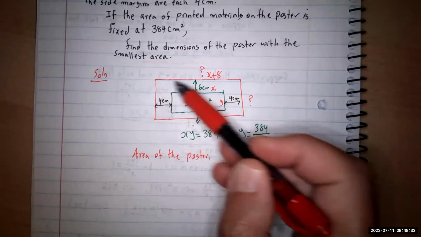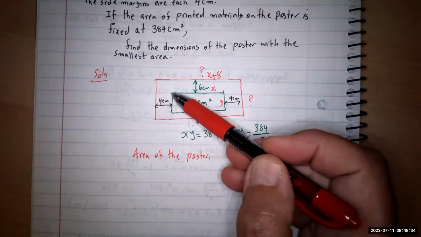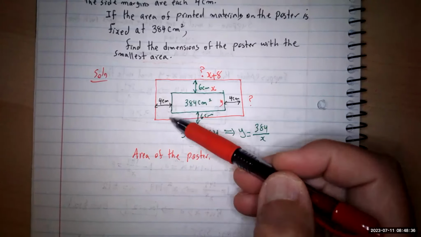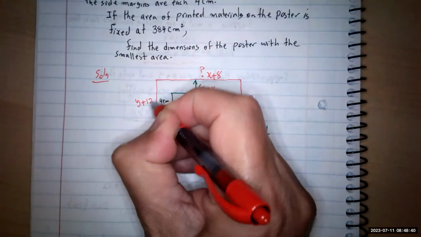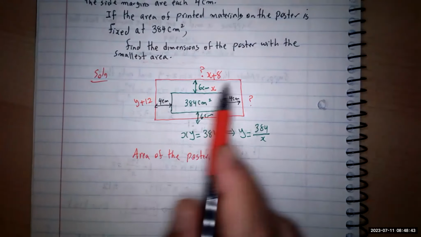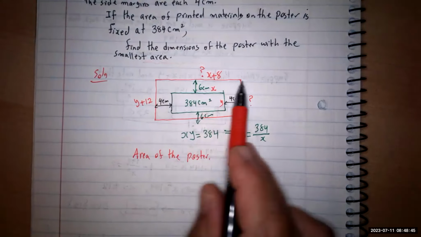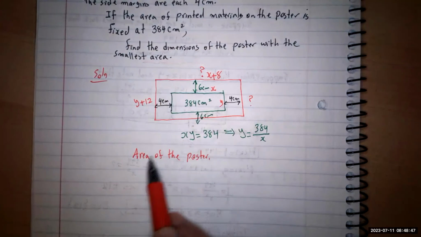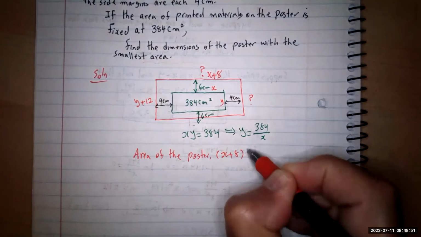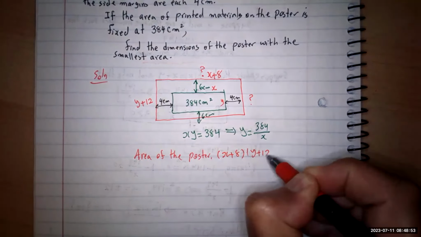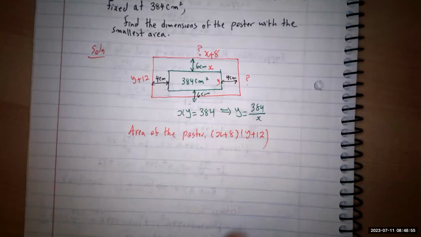So as we did it for this one, this is Y 6, 6. So it's going to be Y plus 12. So the dimension of the poster is going to be X plus 8, Y plus 12. So the area of the poster is going to be X plus 8 times Y plus 12. This is how you set up this problem.